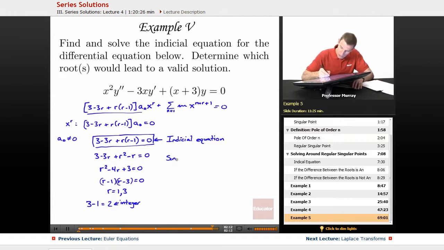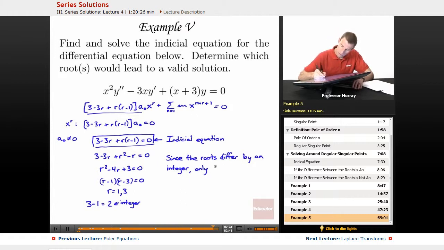So since the roots differ by an integer, remember what I said at the beginning of the lesson in the lesson overview. If they do differ by an integer, you can only make a solution out of the larger root.